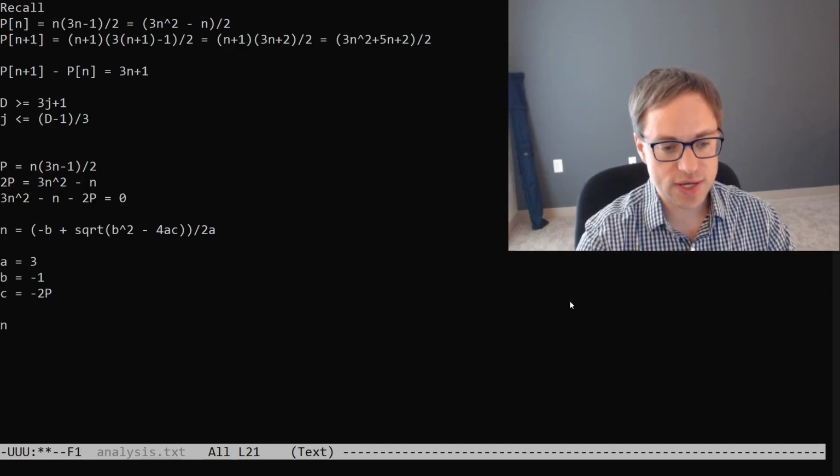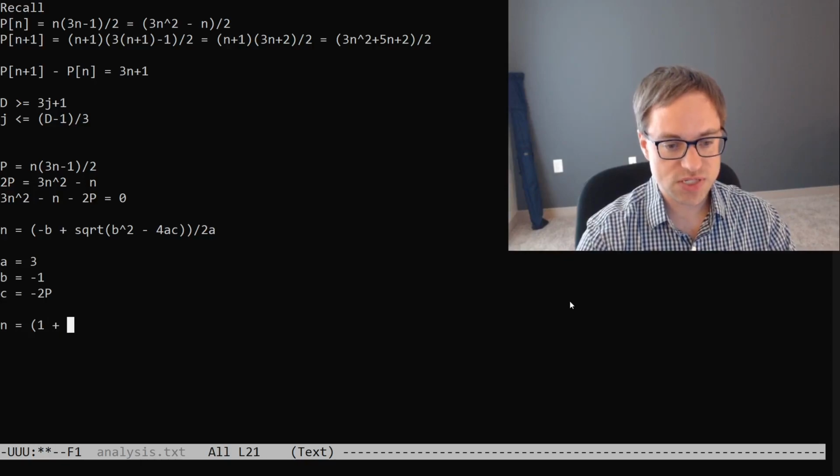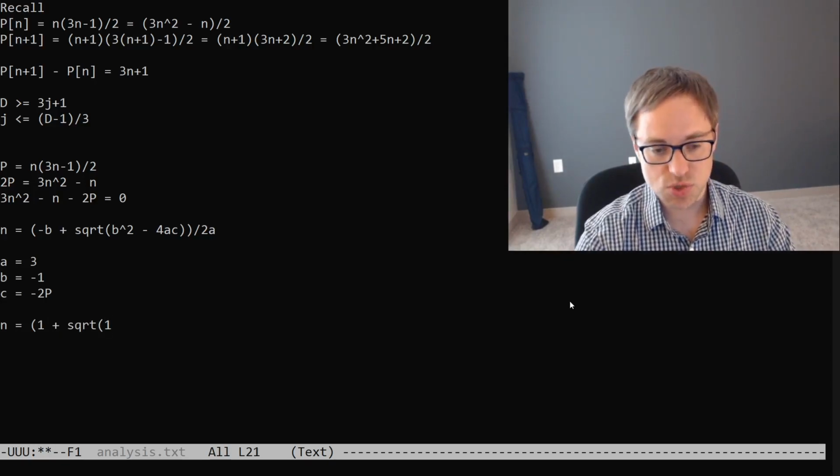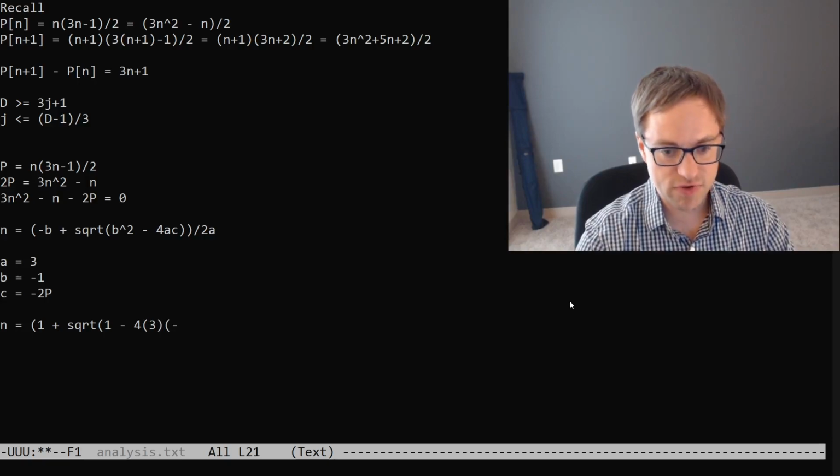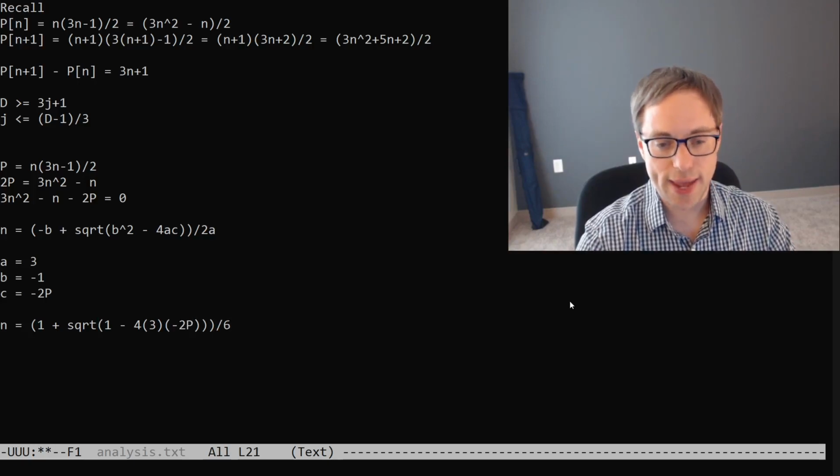Then we can substitute those into our formula, and we get negative negative 1, so that's just 1, plus the square root of negative 1 squared, so also 1, minus 4 times 3 times negative 2p, all over 6. That's 2 times a.